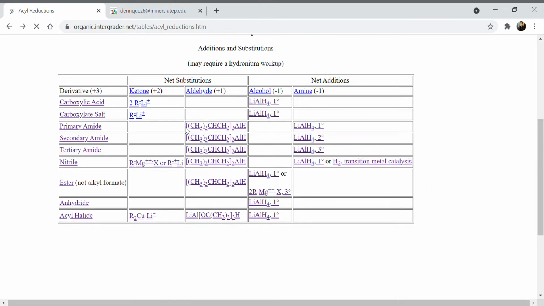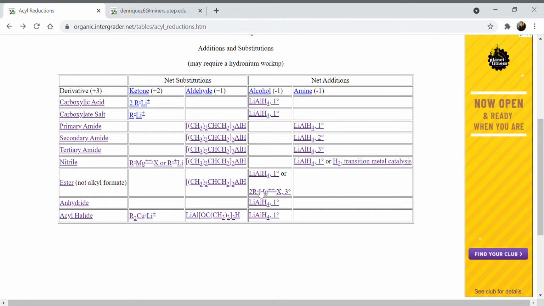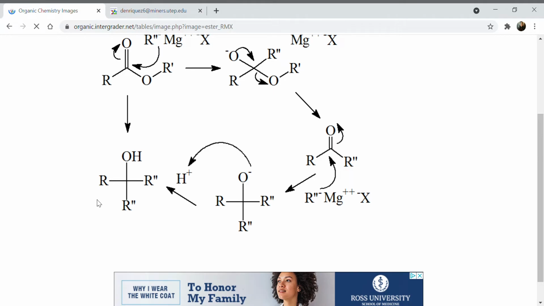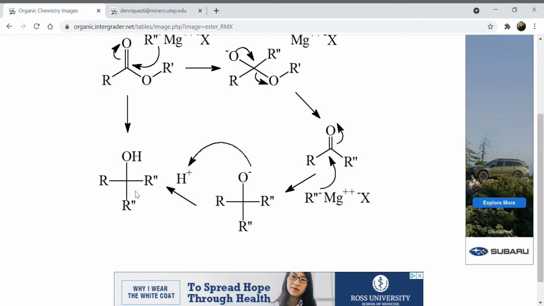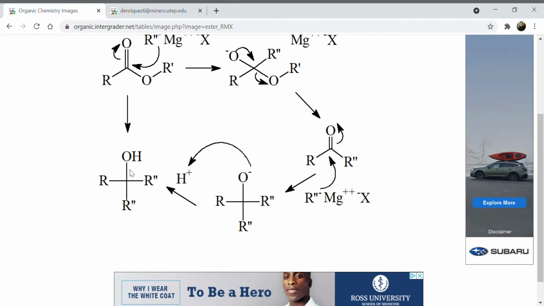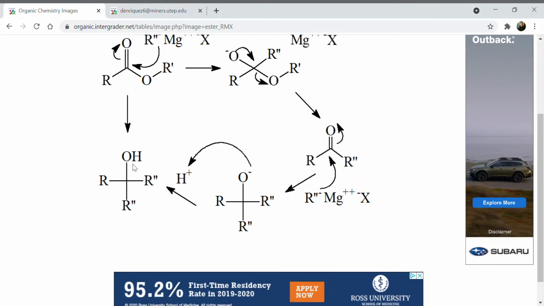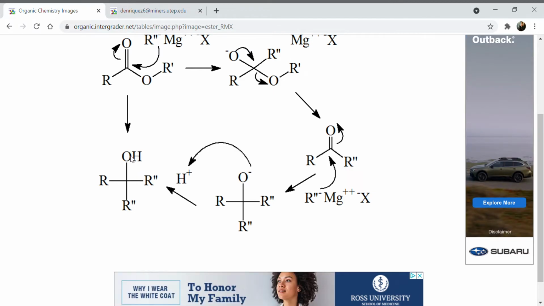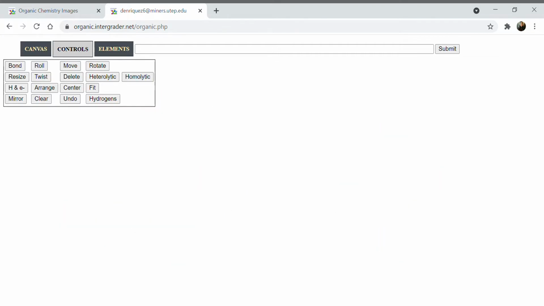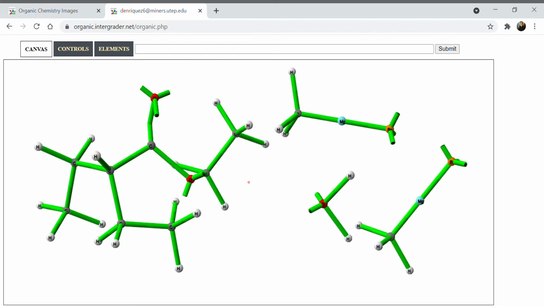I had an ester, and I'm reacting it with, over here, the 2 equivalents of magnesium. And see, we will be adding those 2 methyl groups, and then we're going to take away one of the oxygen groups and keep one, but have an OH. So I'll go ahead and use my hydrolytic function to remove this, to give the electrons back to oxygen.